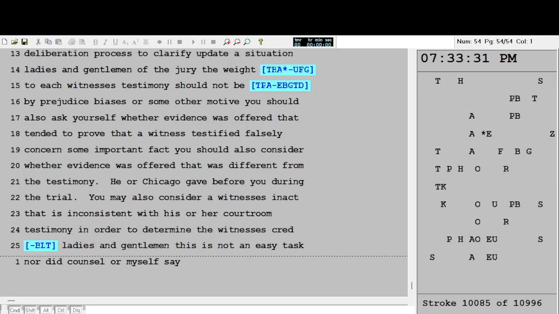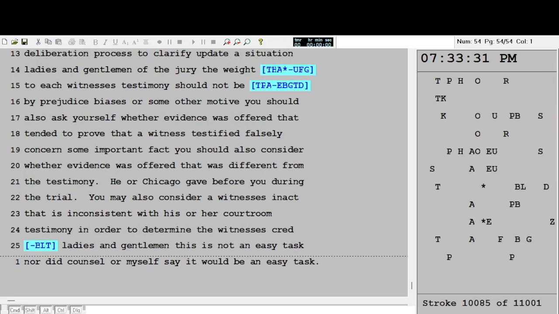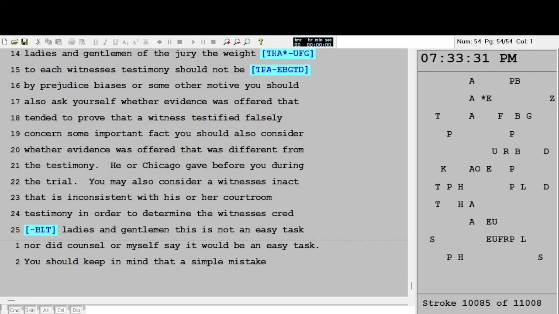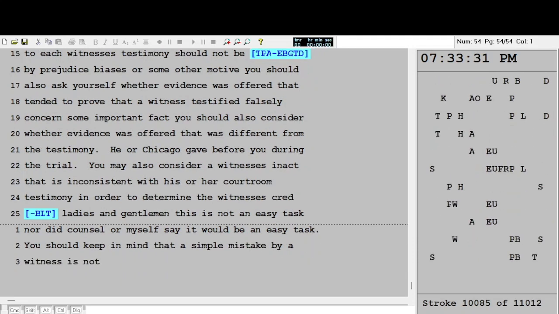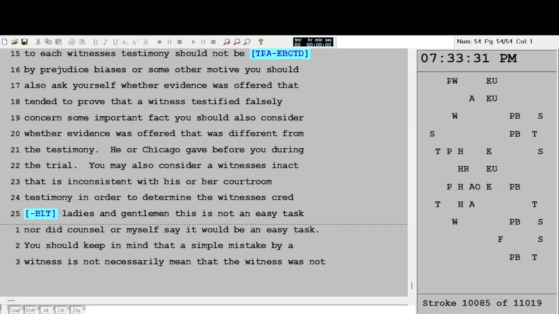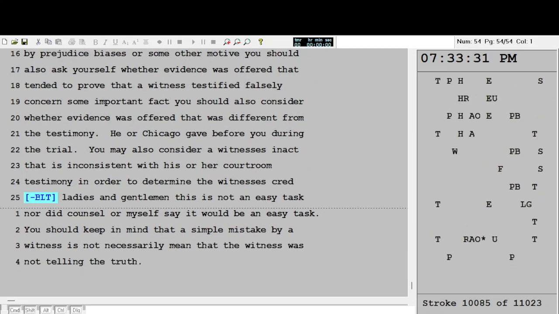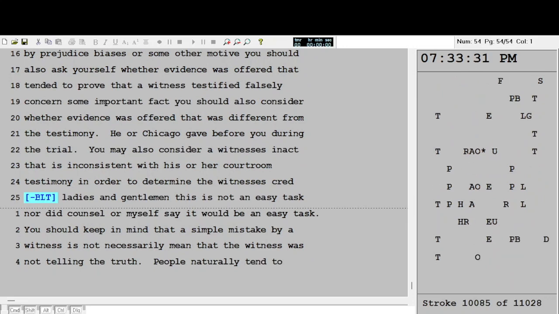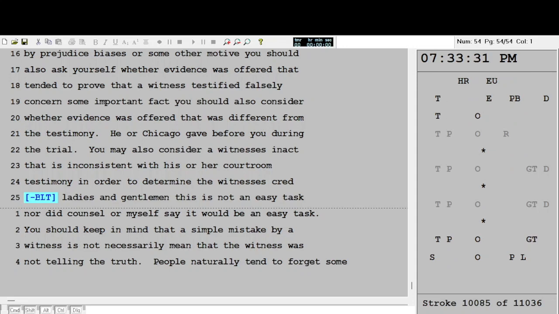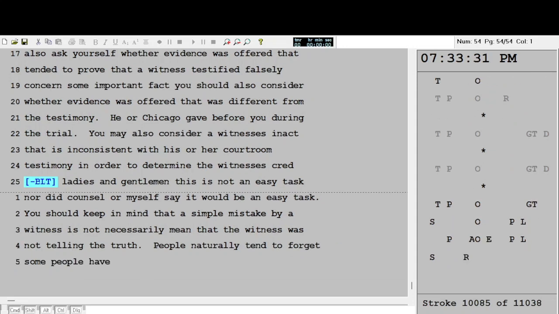You should keep in mind that a simple mistake by a witness does not necessarily mean that the witness was not telling the truth. People naturally tend to forget. People make misstatements. Some people have lapses of memory or tell an unintentional falsehood.